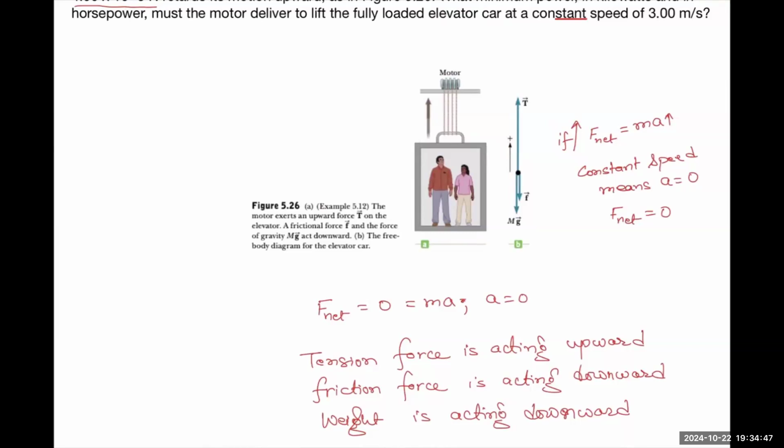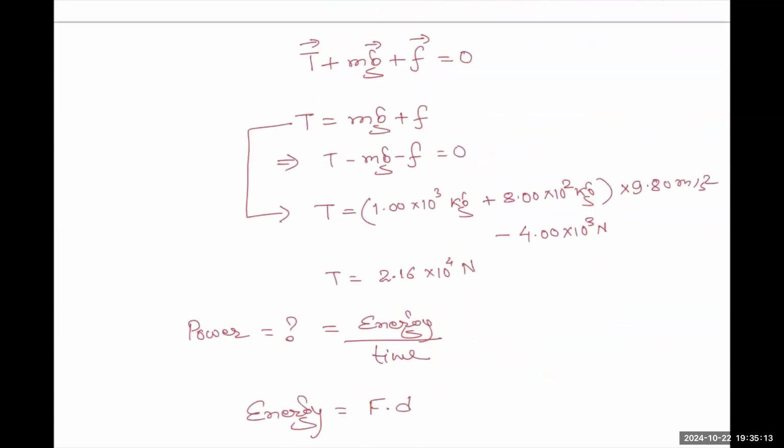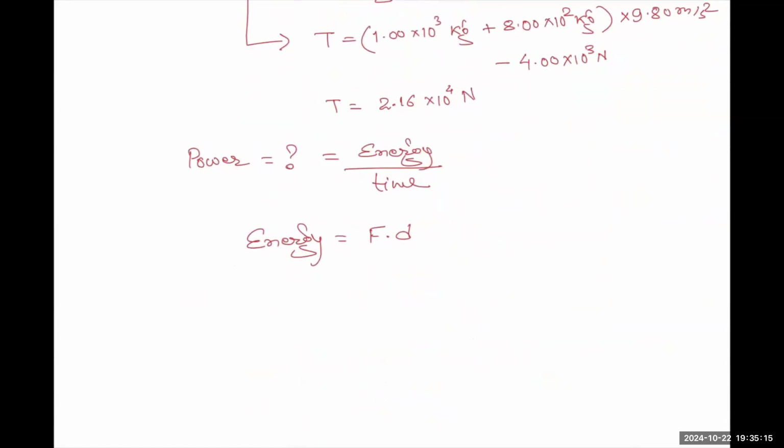What is the angle between the tension and the displacement? Zero, because they are moving in the same direction, the elevator is moving up. So my energy is force times displacement, which is nothing but work.